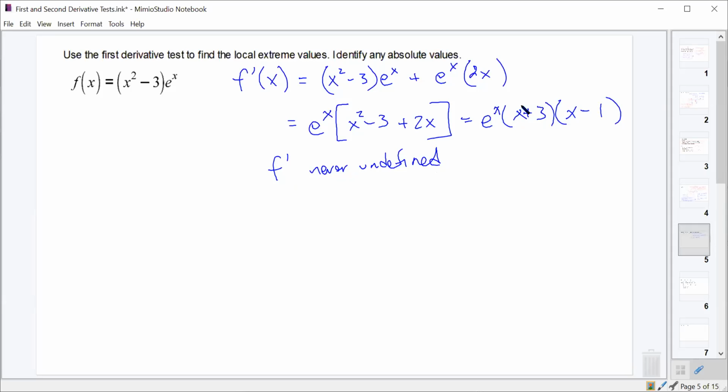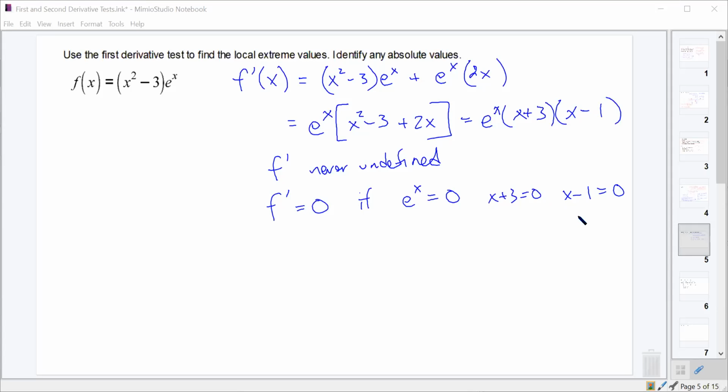And any number plus 3 is just a number, and any number minus 1 is just a number, and you can take any 3 numbers and multiply them together. So never undefined. But it does equal 0 if any of these 3 pieces equals 0, right? So e to the x equals 0, or x plus 3 equals 0, or x minus 1 equals 0. True?